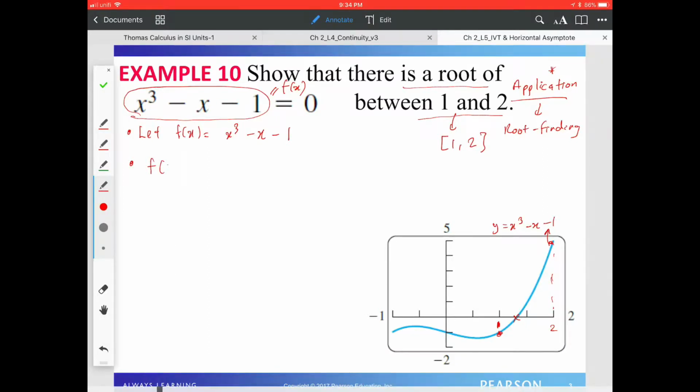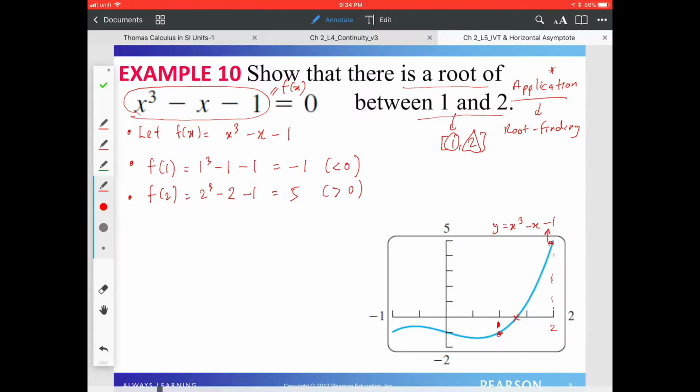At the left boundary, f(1) equals 1 cubed minus 1 minus 1, which is negative 1, which is less than 0. At the right boundary 2, f(2) equals 2 cubed minus 2 minus 1, which is 5, a positive number, larger than 0.